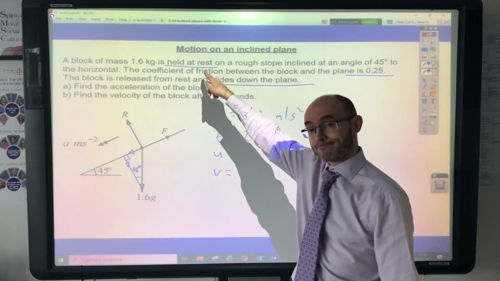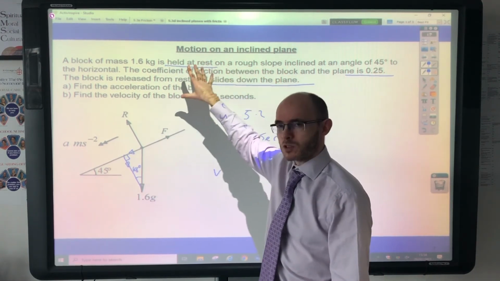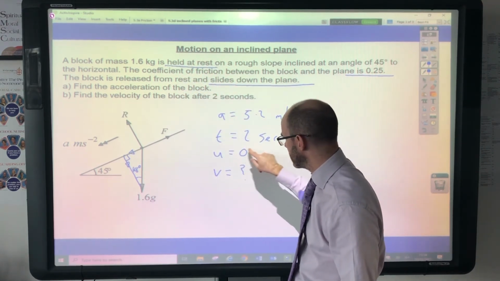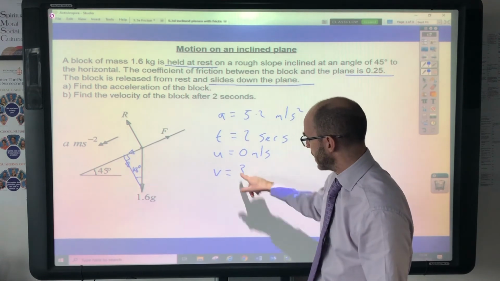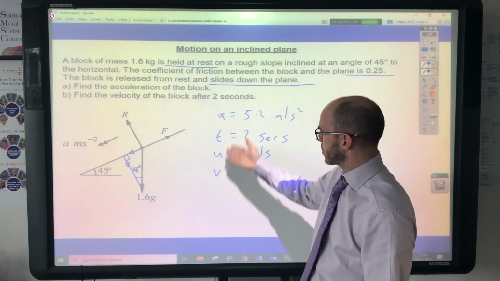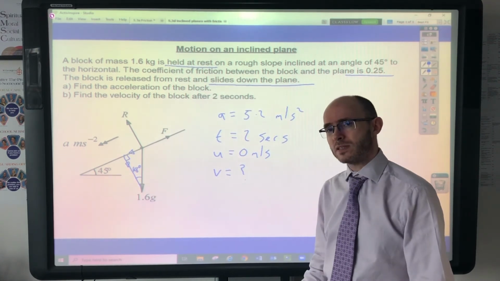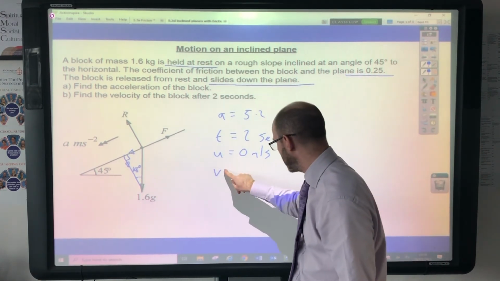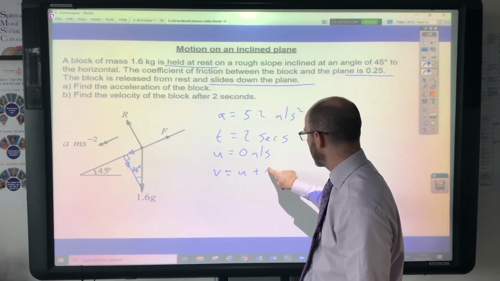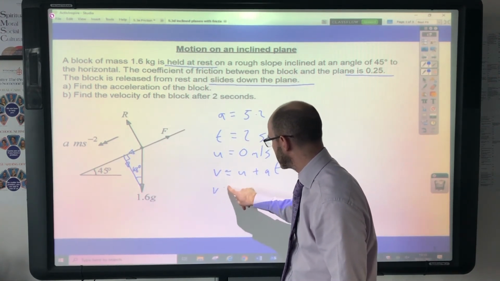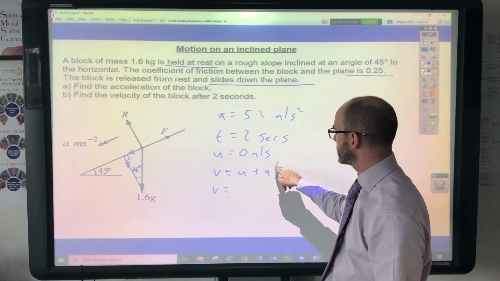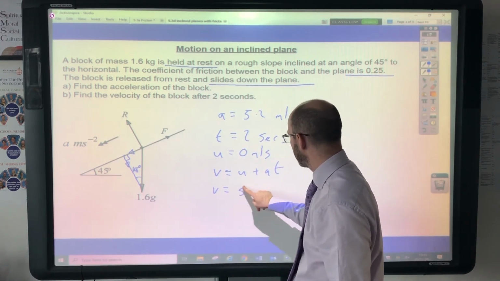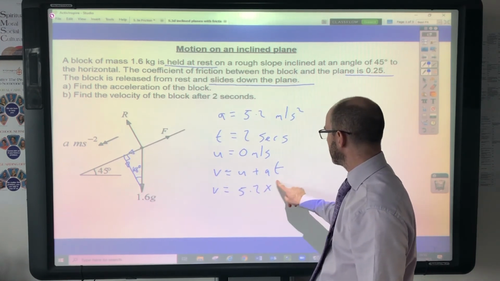Released from rest. Again, important to read the whole question so you can understand fully what's going on. It's released from rest, so U is 0 meters per second. And then we've got to work out what V is. Equation, V equals U plus AT. I think that will do, won't it? So V is equal to 0 plus A times T. I've got my calculator, 5.2 multiplied by 2.